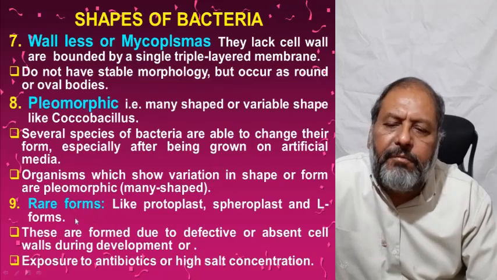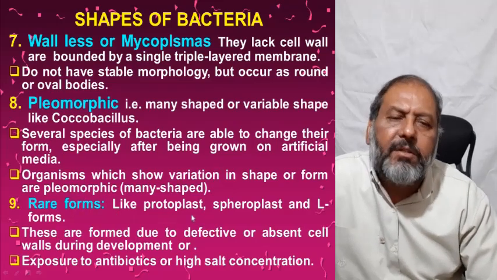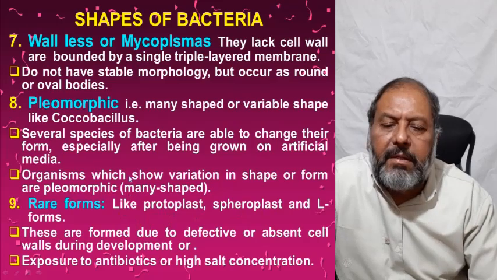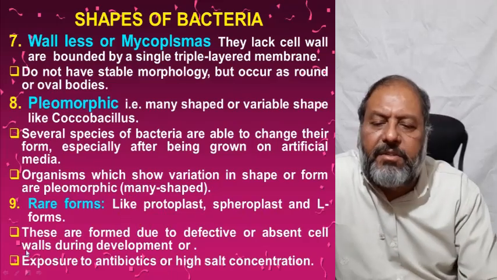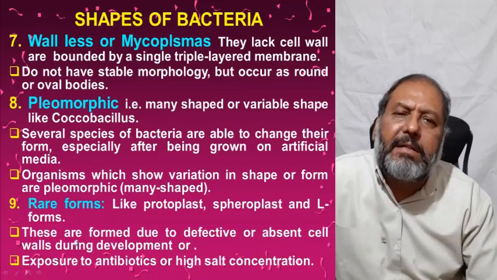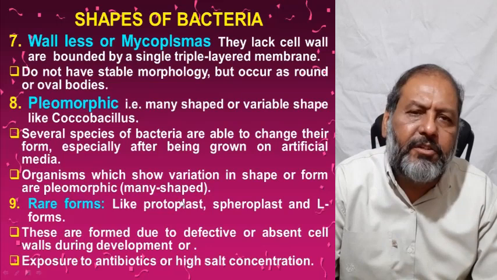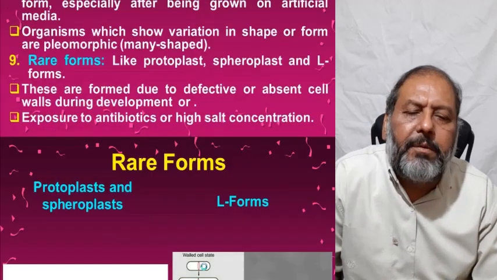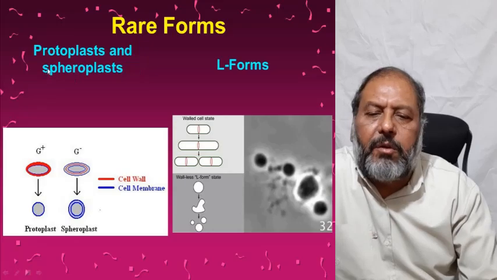Then there is a variety which is called rare forms. These are the protoplast, spheroplast, and L form. These are basically formed due to a defective or absent cell wall during development, or when these kinds of bacteria are exposed to antibiotics or high salt concentration. They change their shape to these rare forms, called protoplasts and spheroplasts.